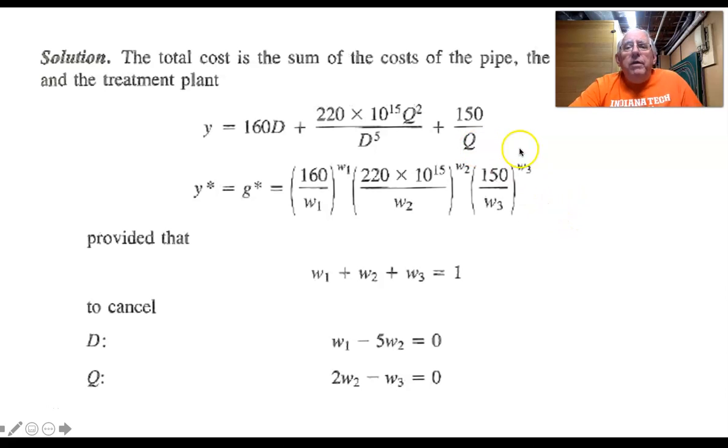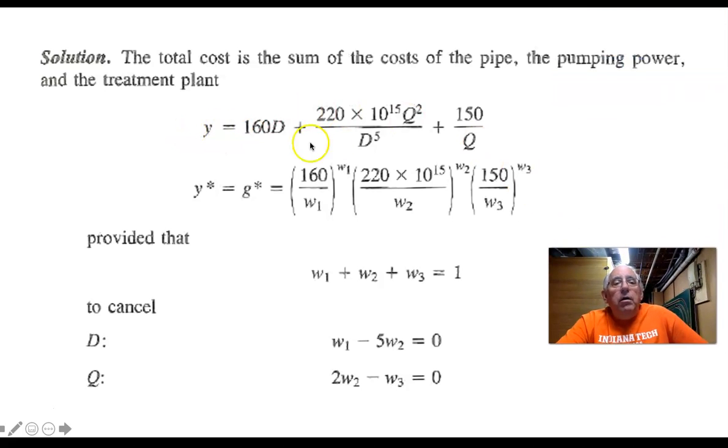And so we now have three terms in our objective function. We have the cost of the pipe, which is the same as what we had before, 160 times the diameter, with the diameter in millimeters. That's the first cost, the cost of the pipe. This is our cost associated with the lifetime pumping cost.